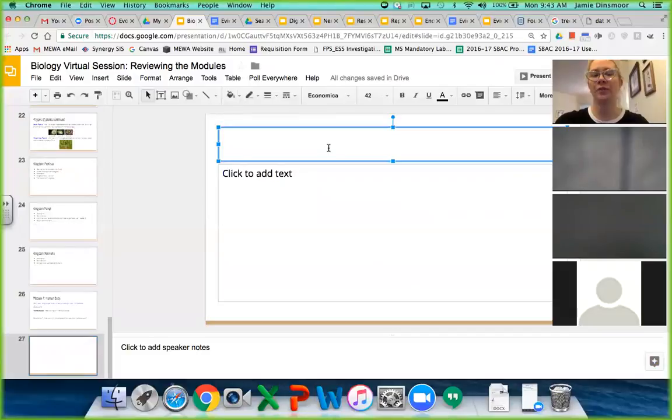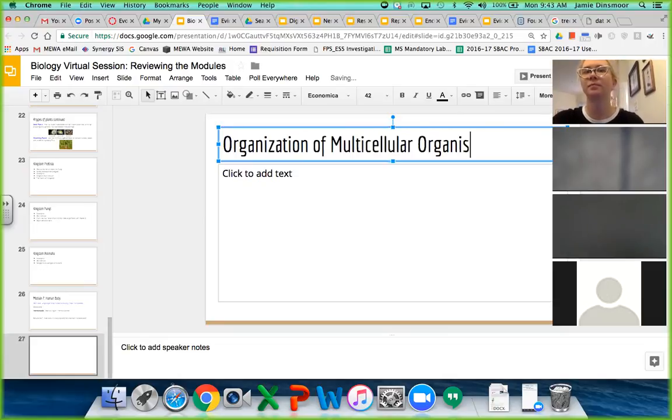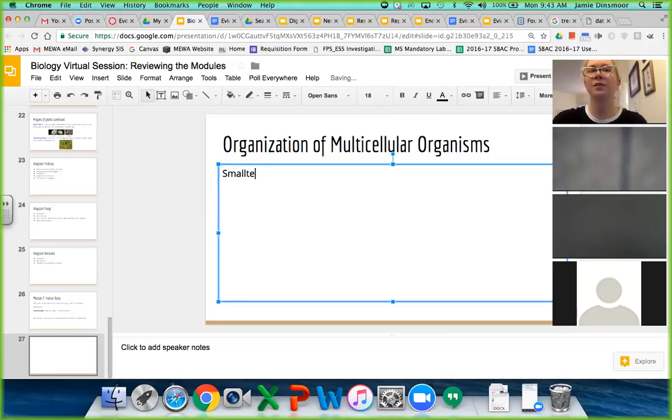The way that organisms are organized. From smallest to largest, we end up getting cells, which make tissues, which make organs, which make body systems, which make organisms, right?